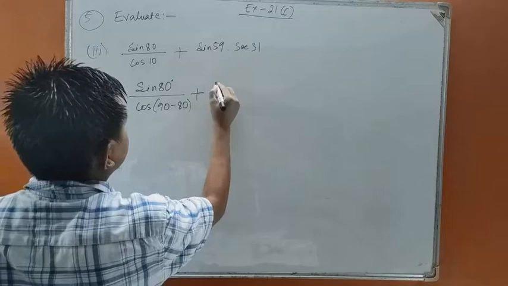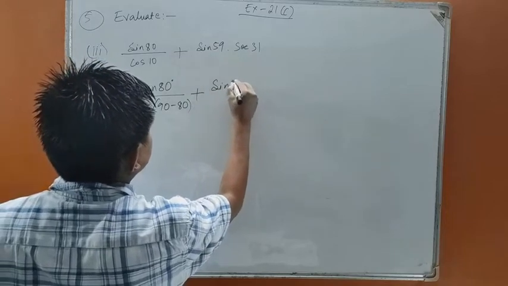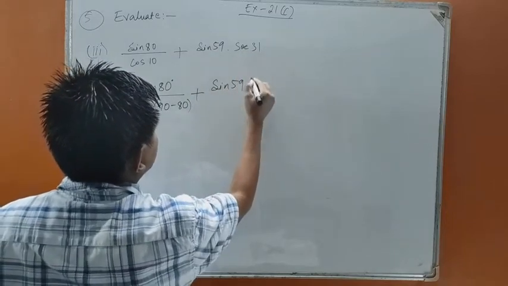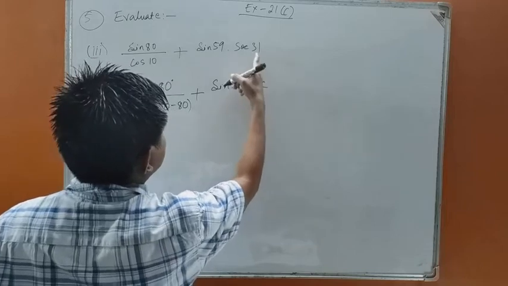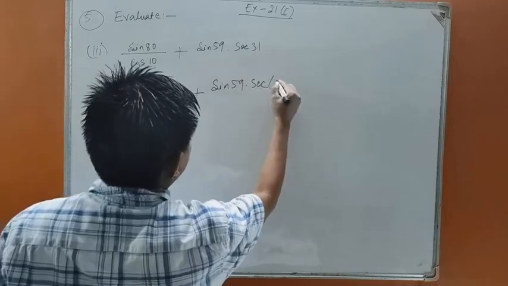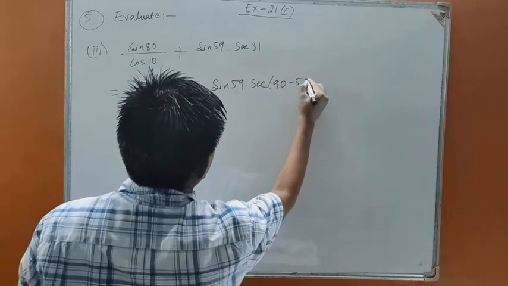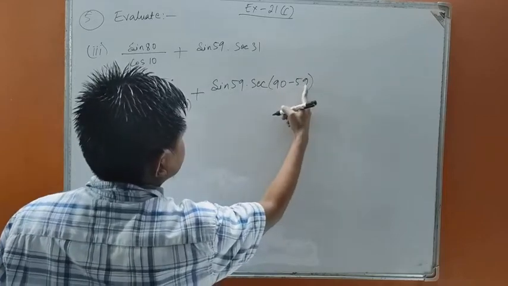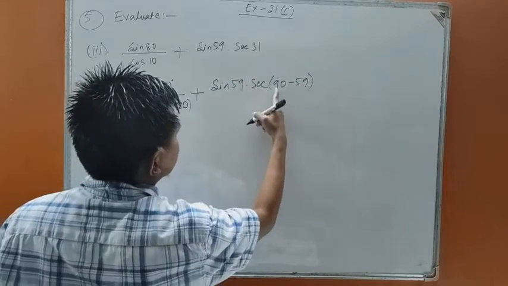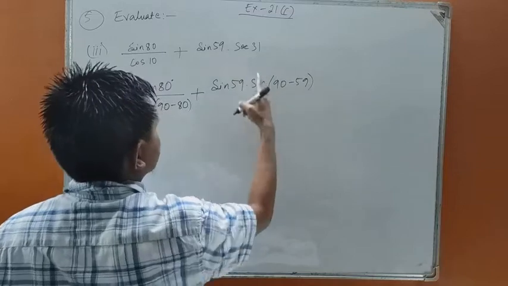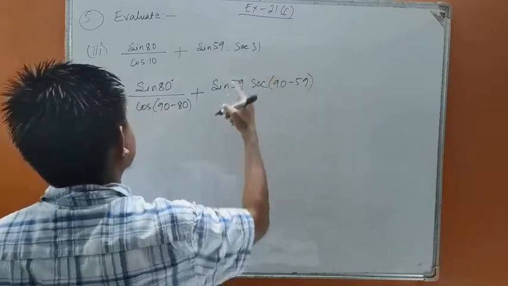Plus sin 59 I copy as it is, sin 59 sec 31. Instead of this 31, I can write 90 minus 59. 10 minus 9 is 1 and this becomes 8. 8 minus 5 is 3. So 90 minus 59 gives us 31.